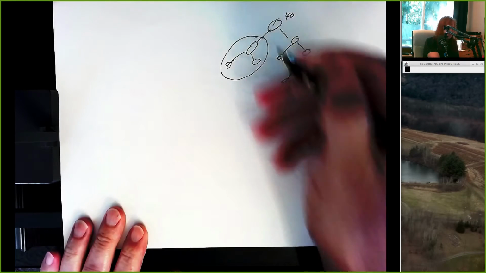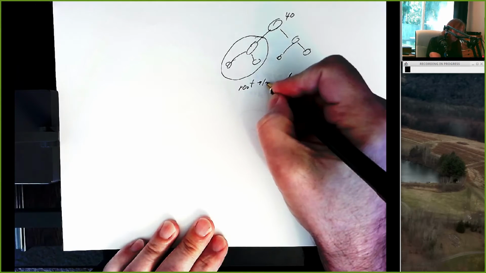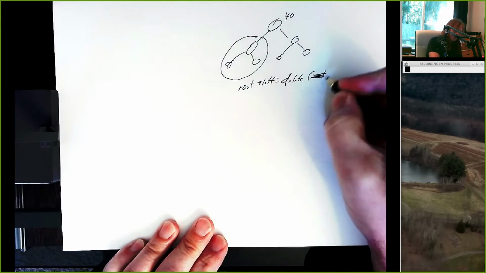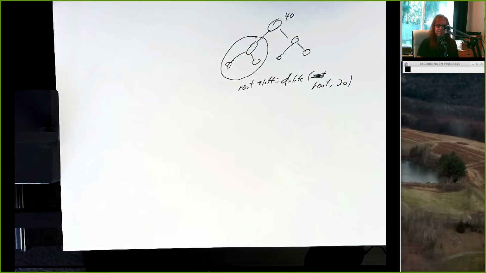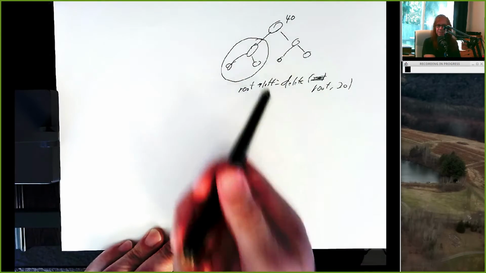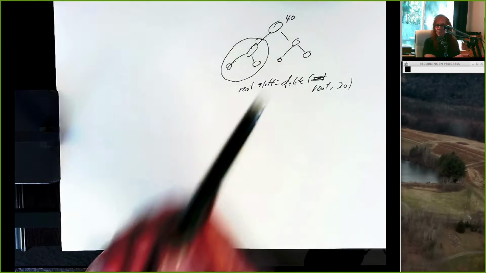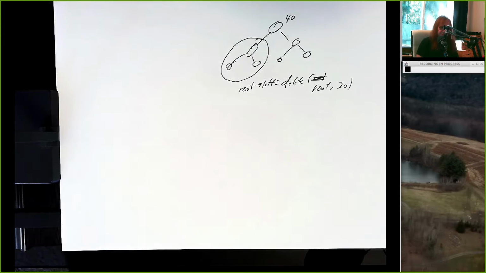If our data is smaller than the root, then you'd say something like root arrow left equals delete root comma 20 or whatever. And if the thing you're trying to delete is bigger than the root, then you do the same thing, but you delete from the right subtree, and you set the root's right child to be that tree with the deletion done. So that's the recursive part. That's actually the easy part in this case.